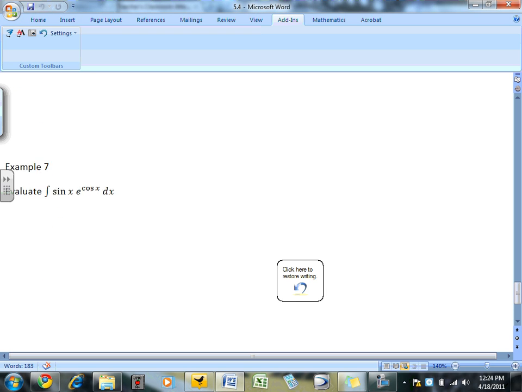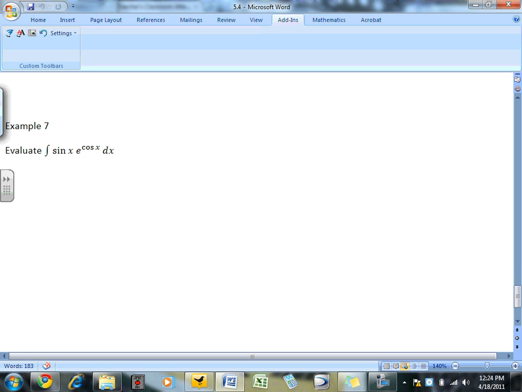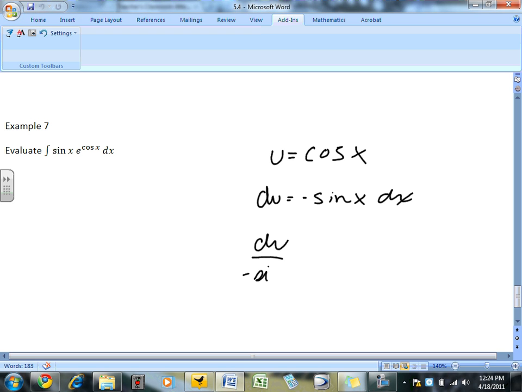And example 7 here. I believe this is the last example. Again, let's make the exponent equal u. So let u equal the cosine of x. Then du, the derivative of cosine, is going to be negative sine of x dx. We want to get dx by itself, so we're going to divide by negative sine. So du over negative sine of x equals dx. Let's substitute in.